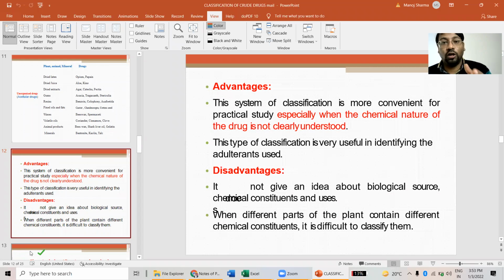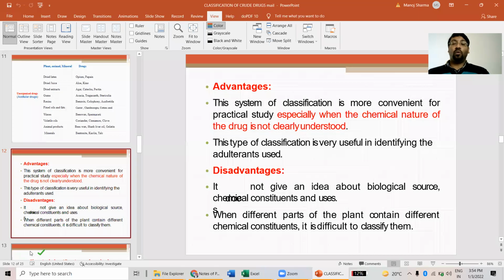Some leaf can have alkaloids like the Dhatura leaf, then ephedra, they can have alkaloids in them. Or some leaves can have glycosides in them. Some leaves can have oils in them, like mint leaf, they have various fragrant substances and oil in them. Mint oil, pudina ka oil, tail. ठीक है, तो different leaves can have different substances. So उसके बारे में हमें कोई भी information इस system of classification से नहीं मिलती है.